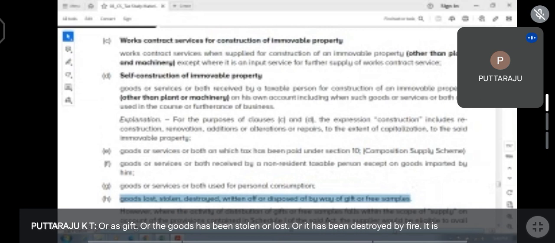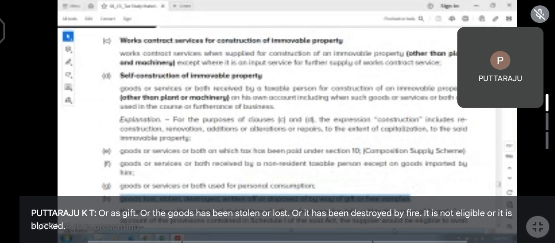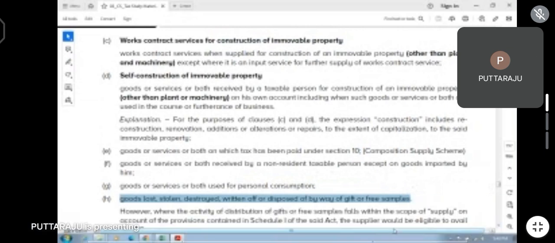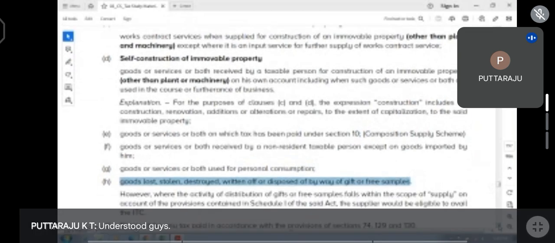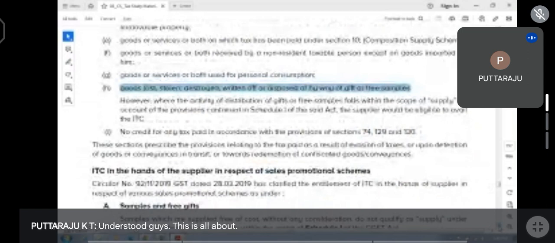It is not eligible, or it is blocked. Understood, guys? This is all about section 17(5) blocked credit.